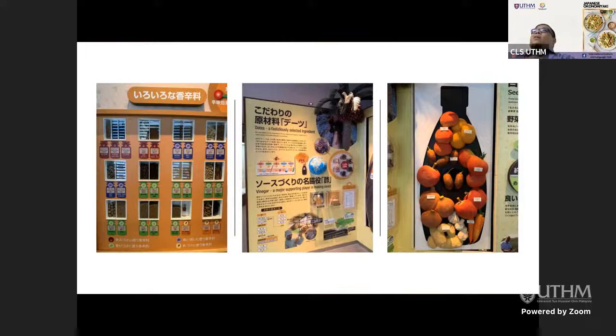But after they found how to make a good bottle, it can be exported, because the bottle has to maintain the freshness. There is no preservative, and that's why the ingredients are still living in the bottle.